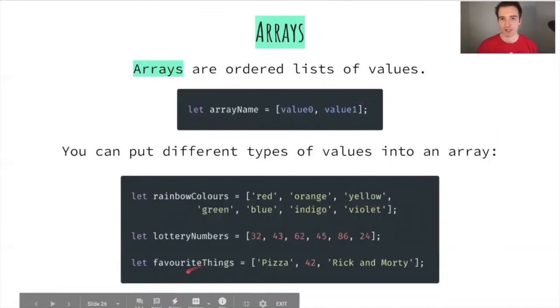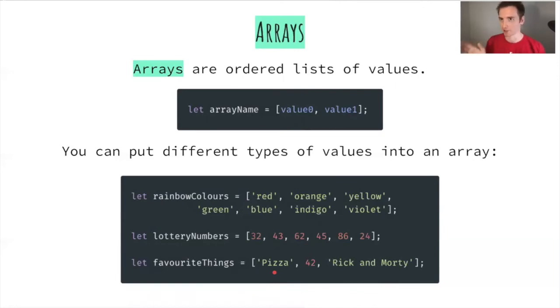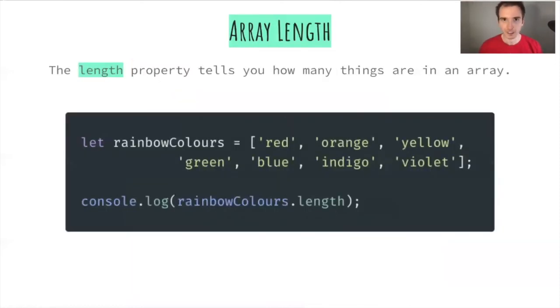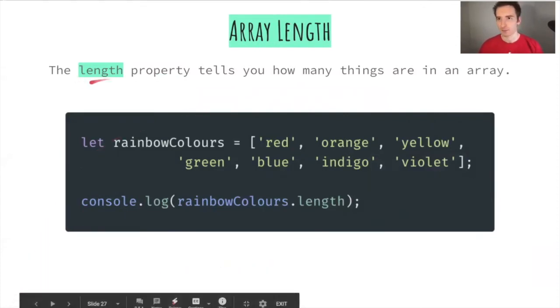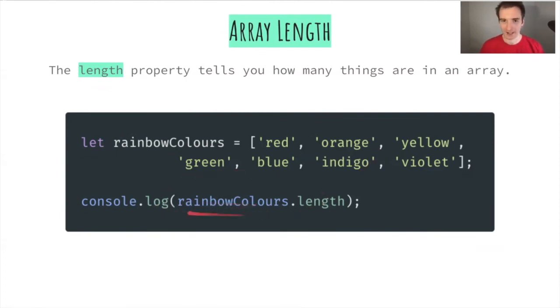In lots of languages you can't do this. You have to explicitly declare, okay, is this an integer array or a string array? So that's something quite nice about JavaScript, that it allows this level of flexibility. Okay, we have something called the length property, where if we write out the name of the array, the variable in this case that we're storing the array in, and write .length after it, this returns how many items are in the array.